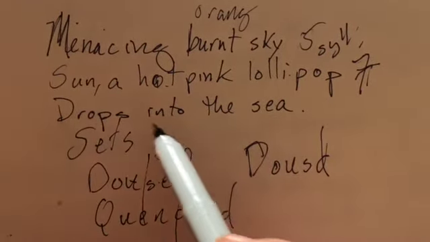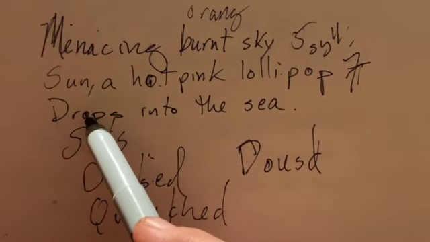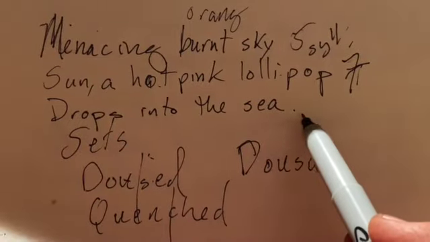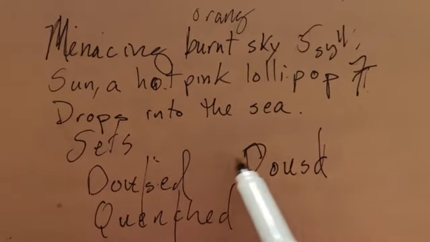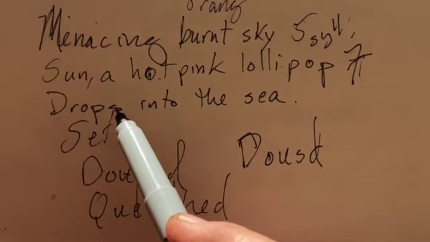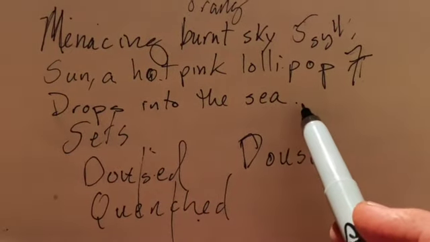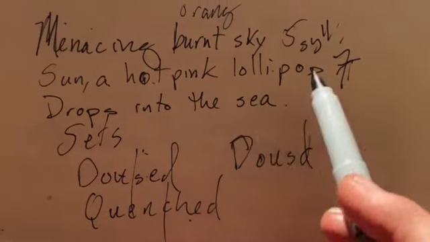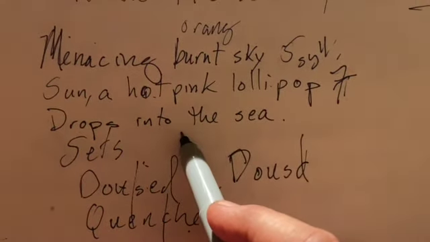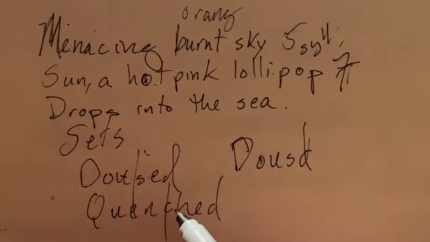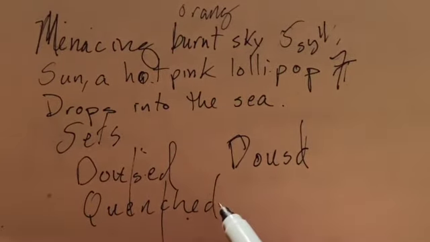So, here I have my perfect 5 syllables. 1, 2, 3, 4, 5: drops into the sea. And if I change it to doused or quenched, well, I'm not going to say doused into the sea. That makes no sense. Quenched into the sea also makes no sense. So I need to completely change this line if I'm going to use one of these words. And I need to add a syllable, right?